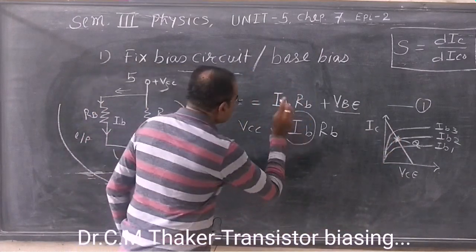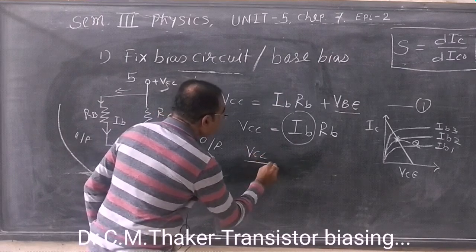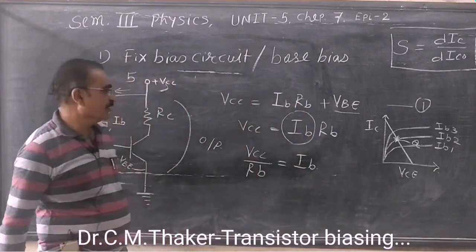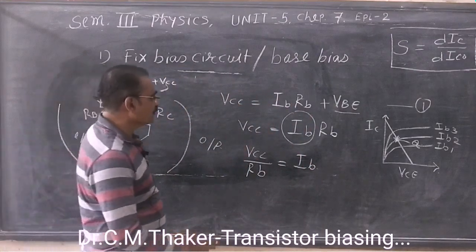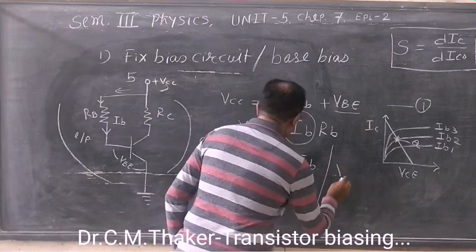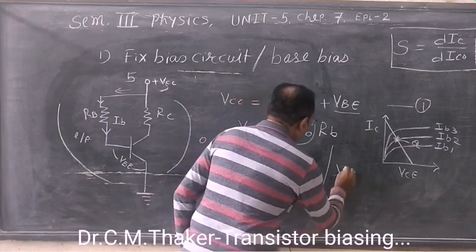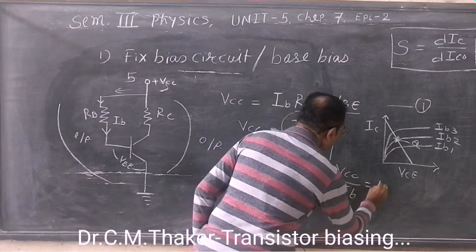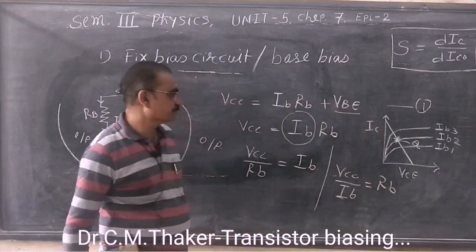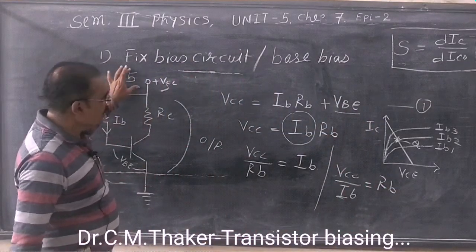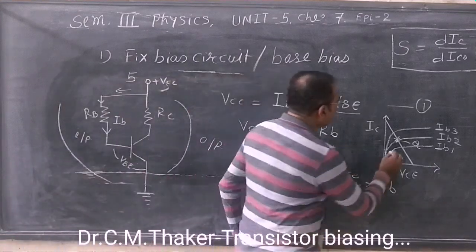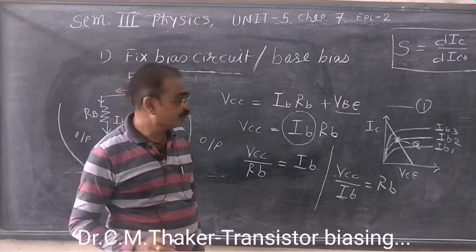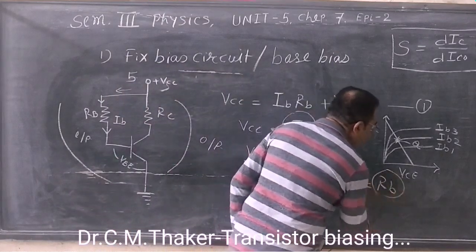That is why in this circuit I have VCC upon RB is equal to IB, so VCC upon IB is equal to RB. Your VCC is fixed and your desirable IB input current is also fixed for the Q point, and that is why RB is automatically fixed.